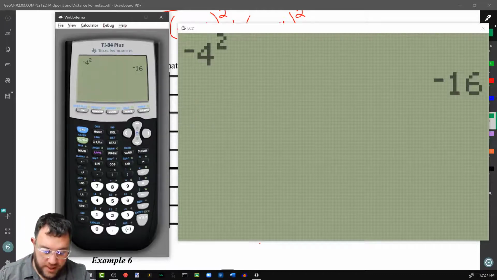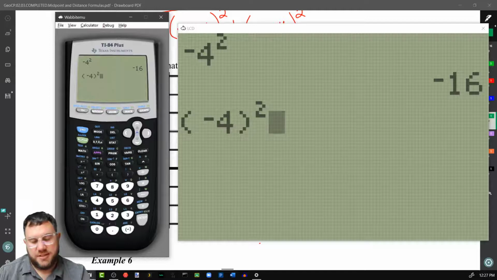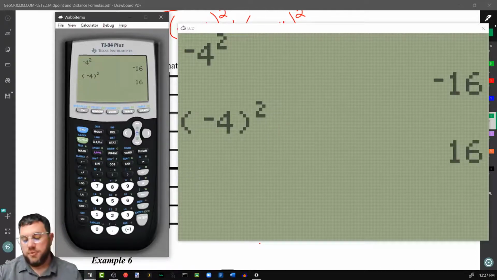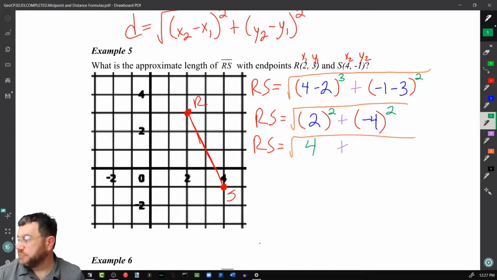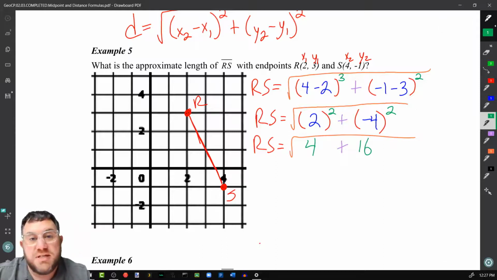So that's why it's good practice to always put it in parentheses, because that's going to square the negative sign also. The first way we typed it in, what it does is 4 squared and then puts a negative in front of it. So we want it to be positive 16. So just remember, when you square something, you should always get a positive.